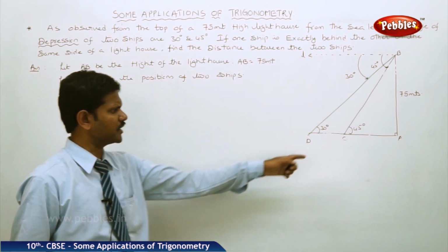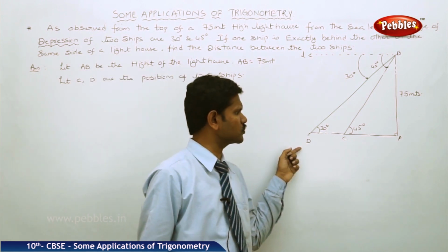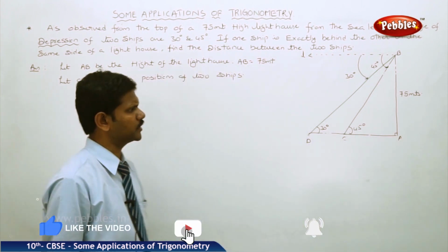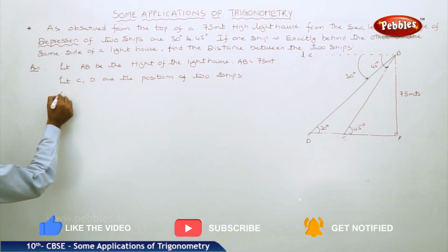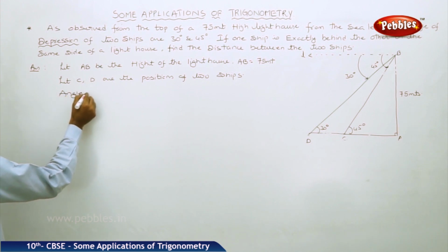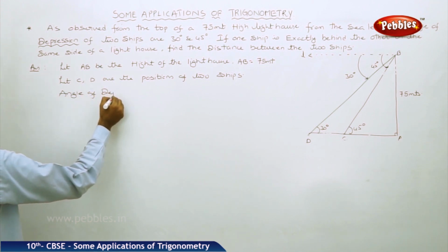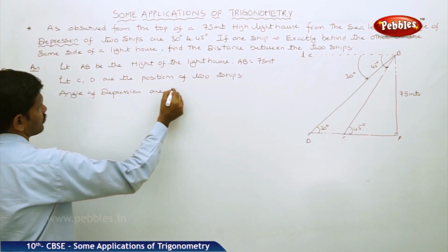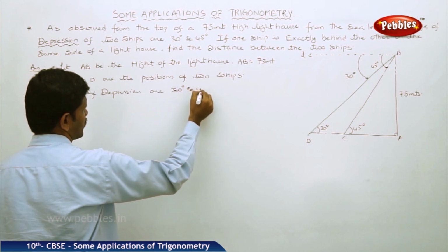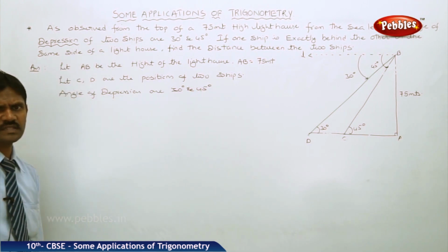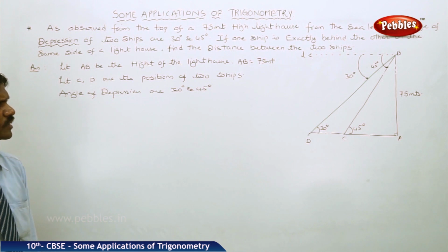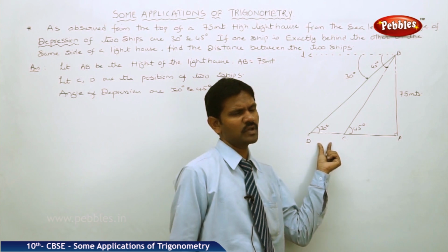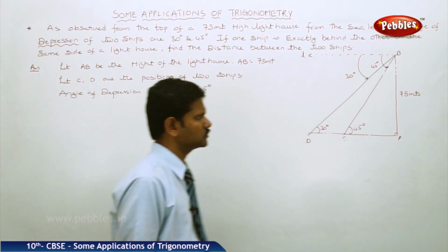Let C and D be the positions of the two ships exactly one behind the other on the same side of the lighthouse. Next, the angles of depression are 30 degrees and 45 degrees respectively. Now we have to find the distance between the two ships. That means we have to find CD.